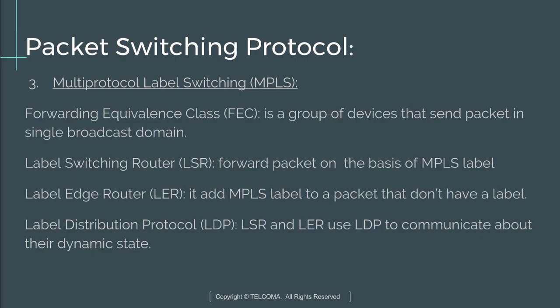The next are the terms which are used in an MPLS network. The first term is forwarding equivalence class, that is FEC. It defines a group of devices that send packets in a single broadcast domain. The next is label switching router, LSR.